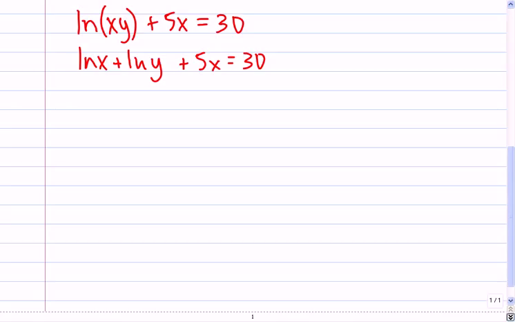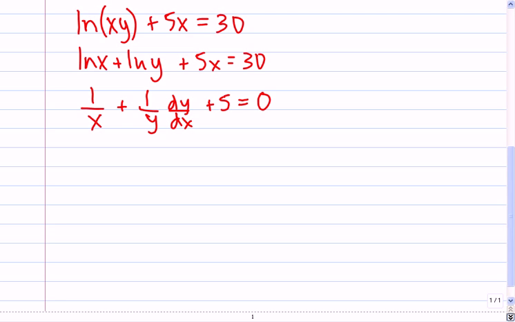Anyways, so if we try to work this out, taking the derivatives, it'll be 1 over x, 1 over y, but the variables don't agree, so we have to keep the dy by dx, plus 5 equals 0. So now I have to rearrange everything.